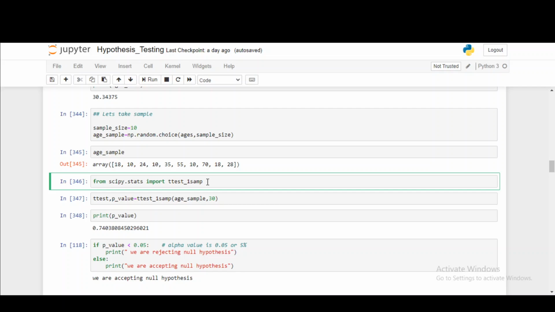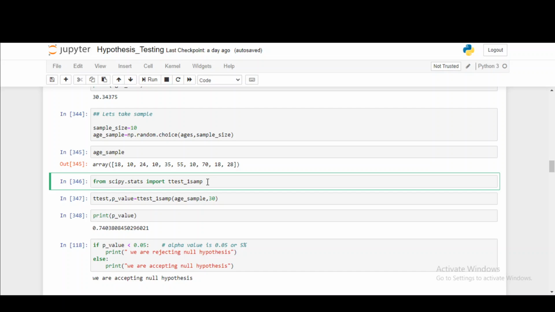If the p-value is very small, less than 0.05, that means there is strong evidence against the null hypothesis. The rule of thumb of statistics says that the p-value should be greater than or equal to 0.05 in order to accept my null hypothesis. Else we will be rejecting our null hypothesis.